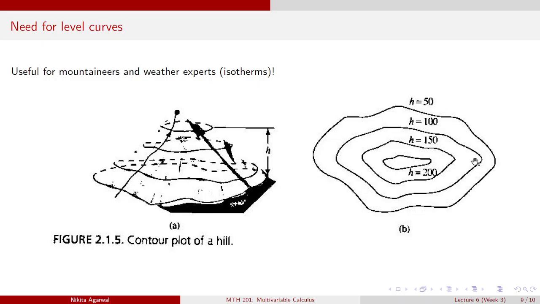So drawing these level curves, or contour plot of a hill, helps the mountaineer decide how the hill will look as they climb or as they hike. Okay, so that is why level curves are important in real life from a physical point of view.